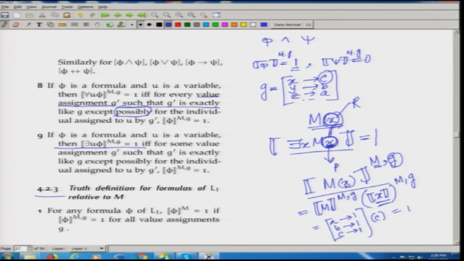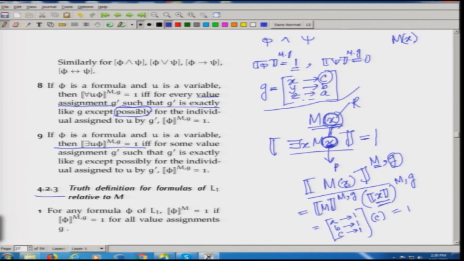There are different g's. So, the initial g looks like this. Then what is g prime? You consider the relevant varying variable, the active variable. Suppose we are talking about Mx. Our active variable, or the varying real variable, is x.